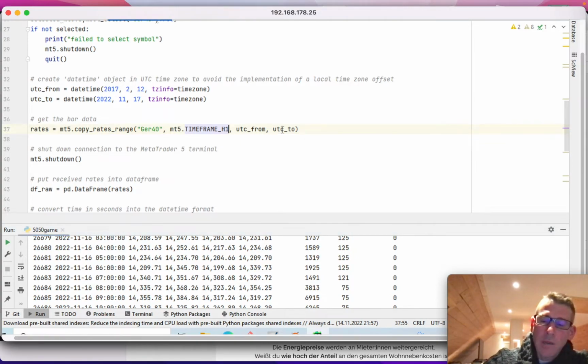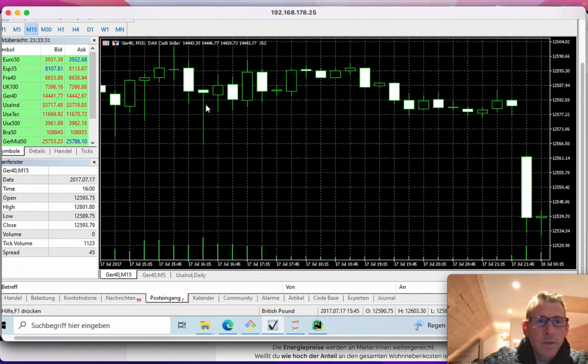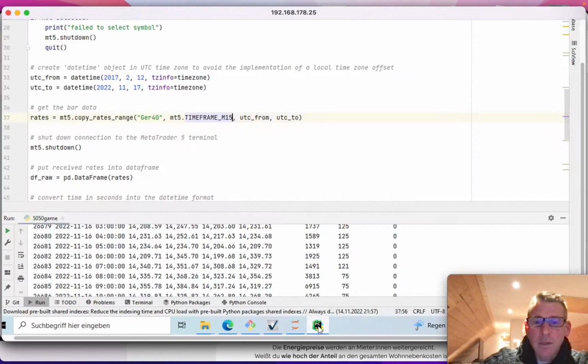Let's go to the M15. Let's check with the M15 bars. I think if I give the wrong data, I automatically receive the 100,000 from the settings from the broker. Okay, M15.